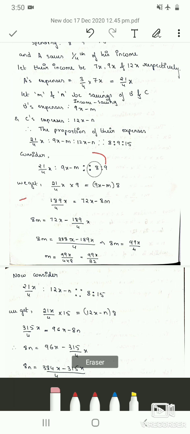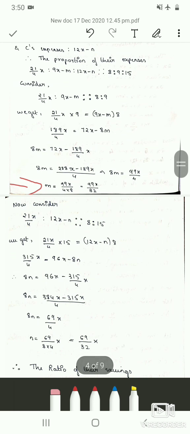In a similar manner, solve for the value of M, and you will get the value of M as 99x divided by 32. Now consider the proportion of A and C, which is 21/4 x is to 12x minus N as 8:15. So again take the product of extremes and equate it to the product of means and solve for N.